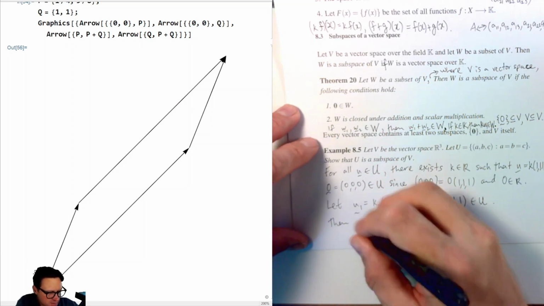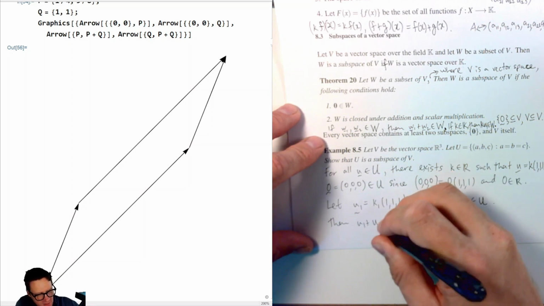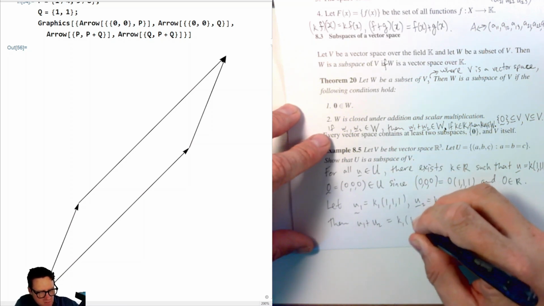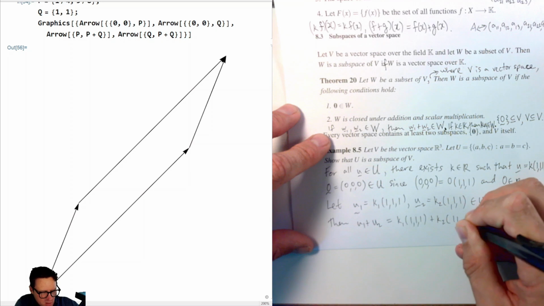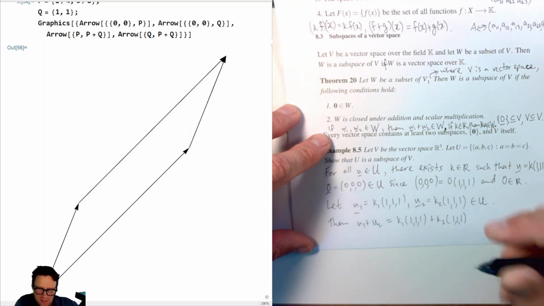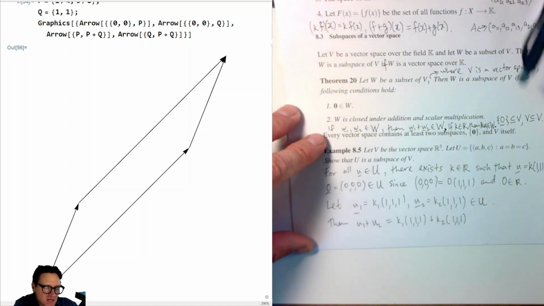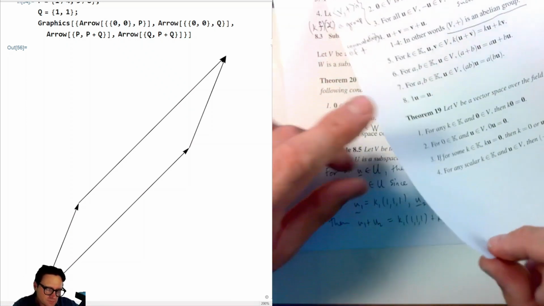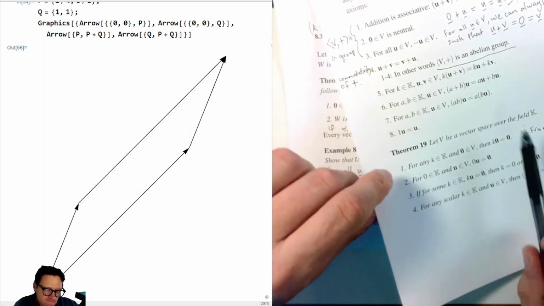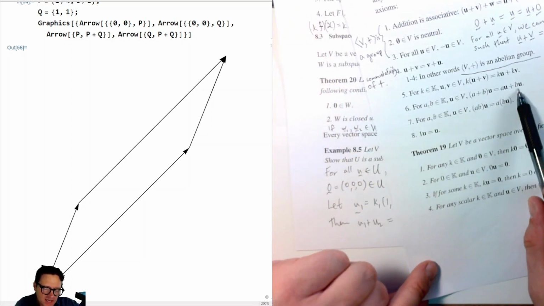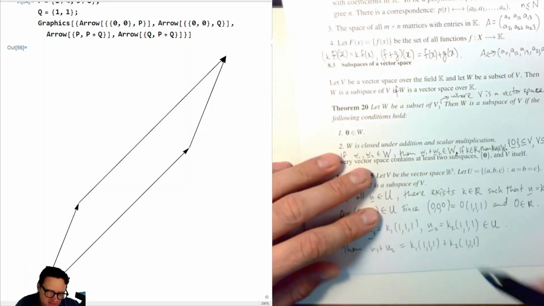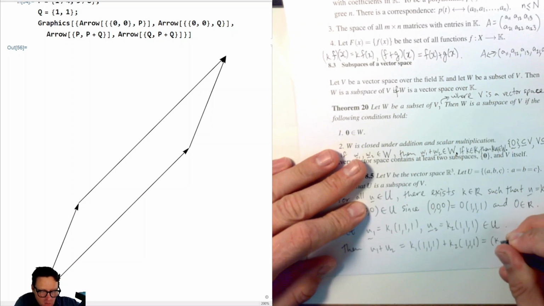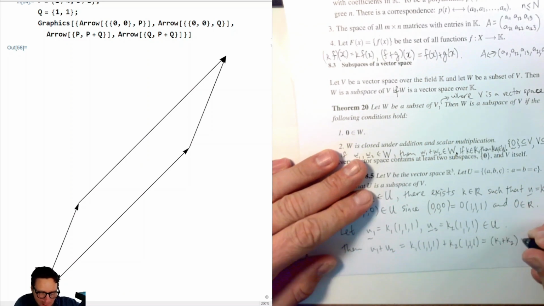So then adding, U1 plus U2 is K1 times 1, 1, 1, plus K2 times 1, 1, 1. And then by which axiom here? By number 6, going this way, we can express this as K1 plus K2 times the vector 1, 1, 1.